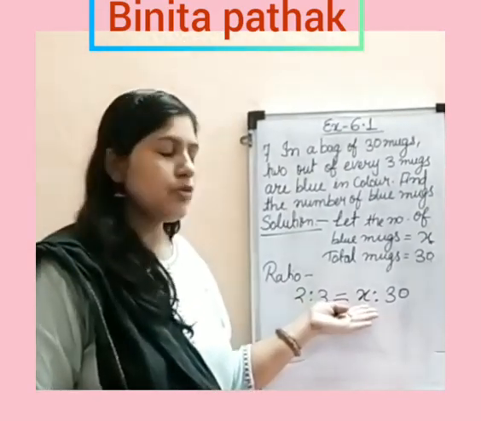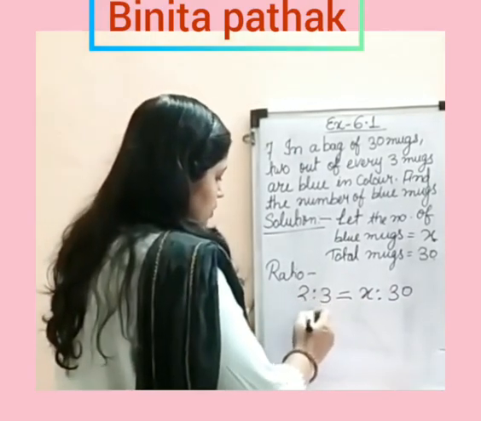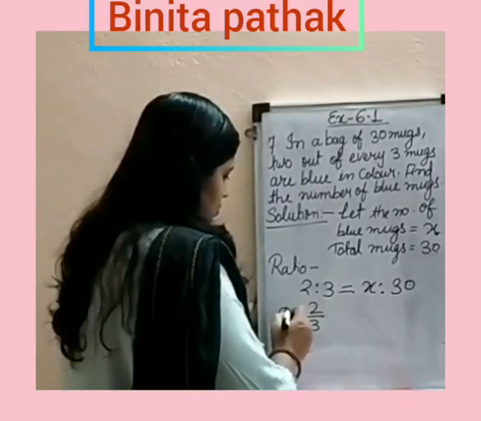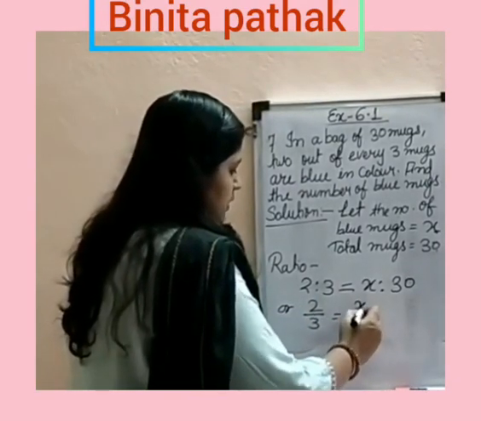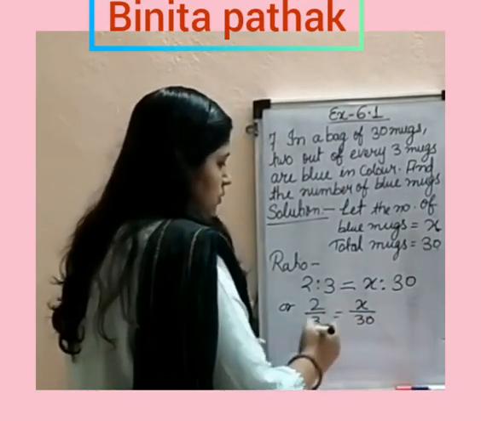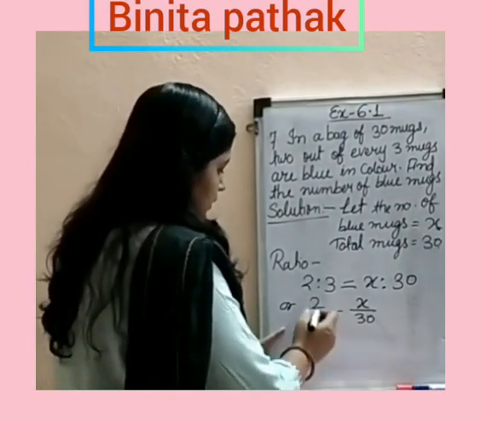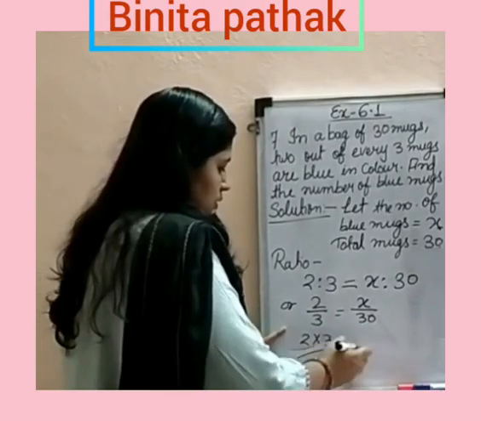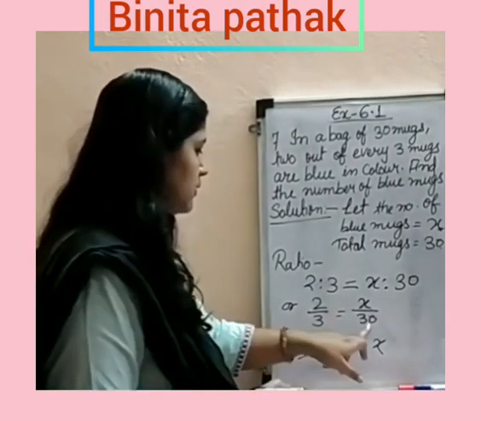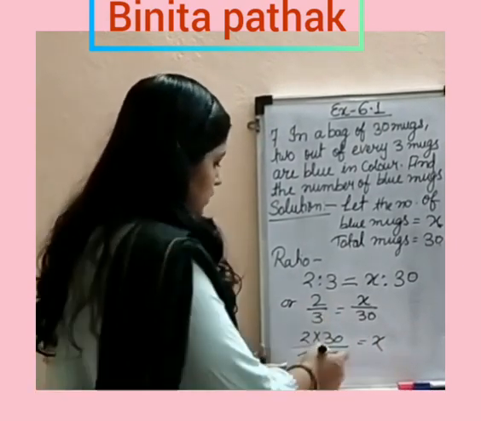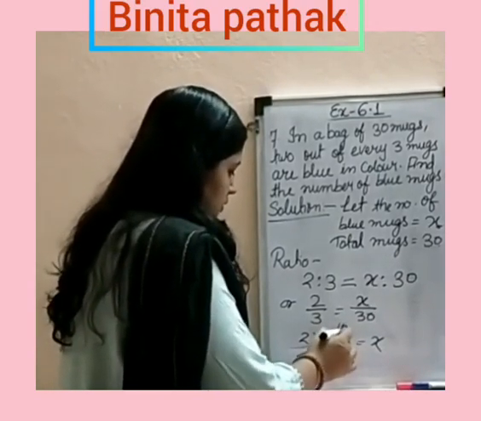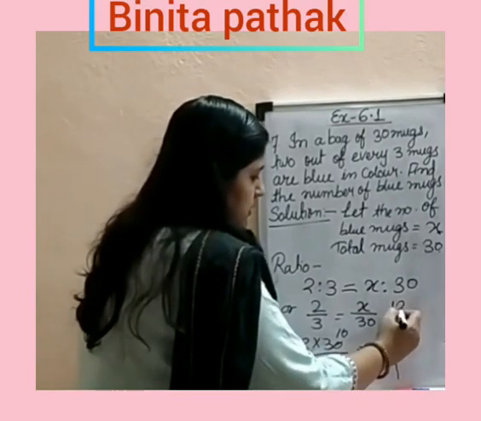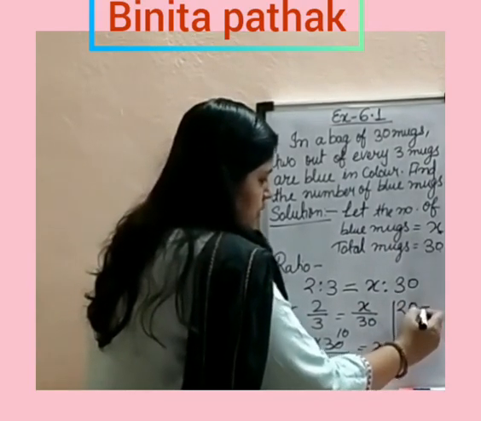It means the number of blue mugs. So 2 upon 3, we can write it, 2 is to 3. 2 upon 3 equals x upon 30. So it will be 2 into 30 upon 3 equals x. 30 I am taking here. 3 tens are 30 and 10 twos are 20.